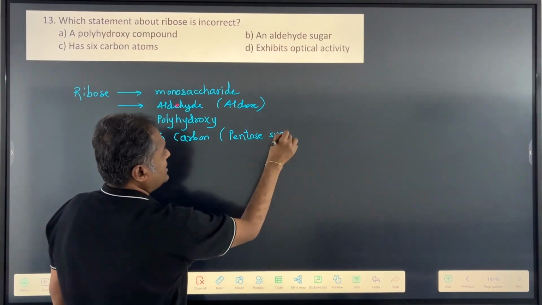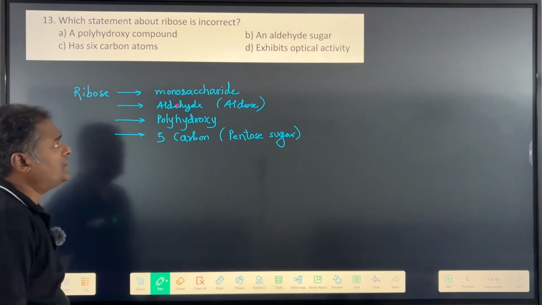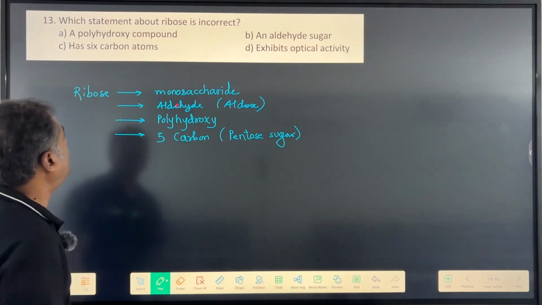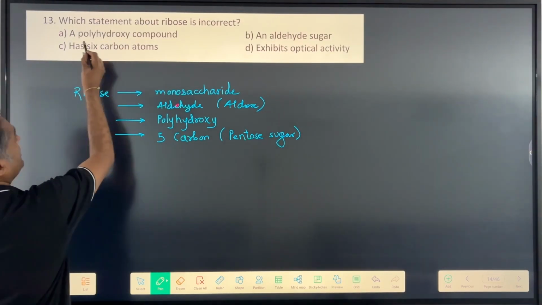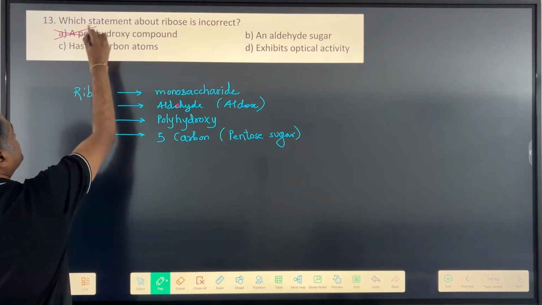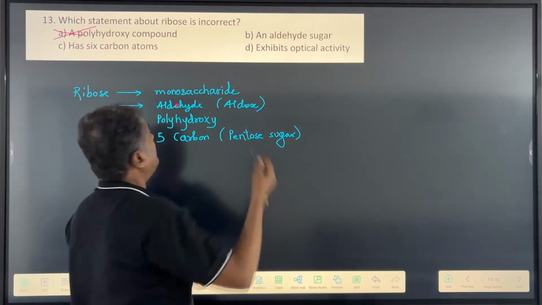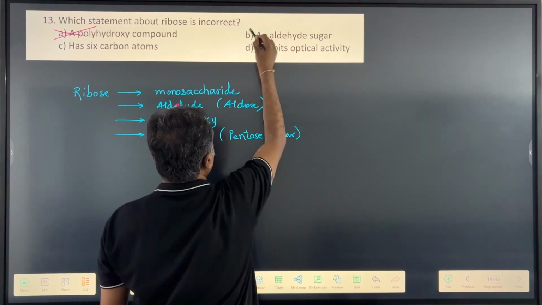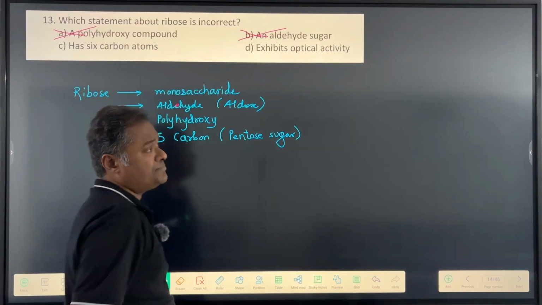So, now let us understand the question. They have asked which statement about ribose is incorrect. Now, ribose is a polyhydroxy compound. I think so, it is correct, so it cannot be the answer. Ribose sugar contains aldehyde. Yes, this is correct, but as per our question, this cannot be the answer.